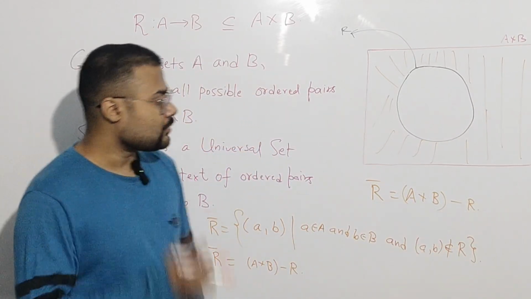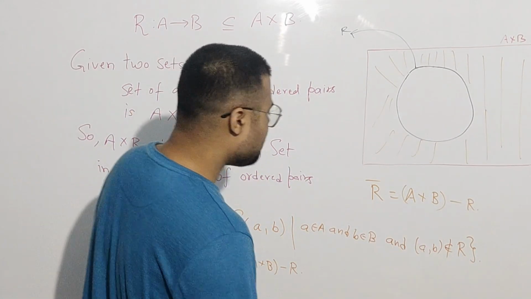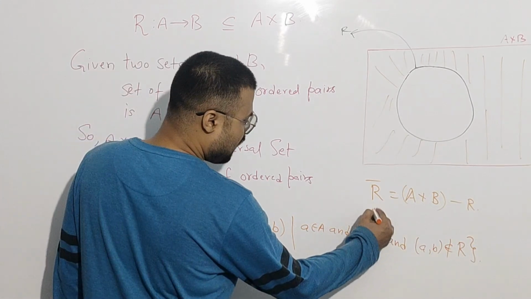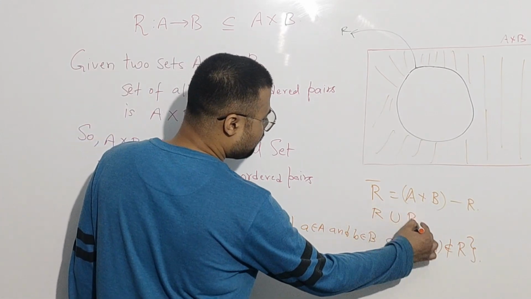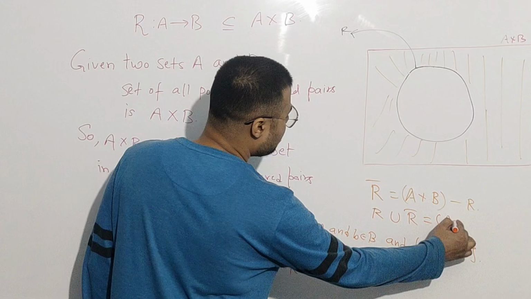This also shows that a relation R union R complement will give you A cross B.